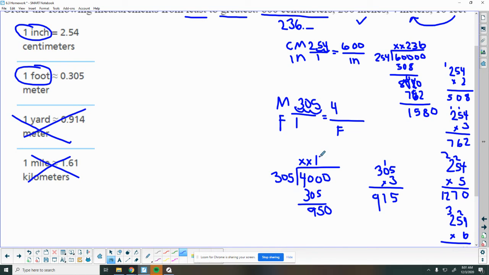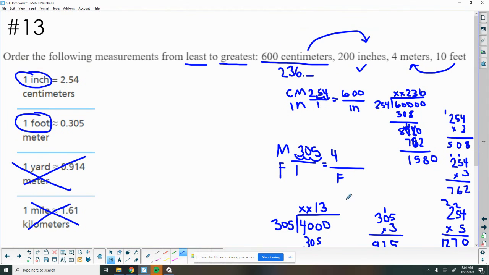So it goes in here 3 times. I know it's going to keep on going, but I think that will get us a close enough answer. So we've got 236 inches, 200 inches, 13 meters, and 13 feet is what we changed it into. Let me get labels here so I can remember what they have.